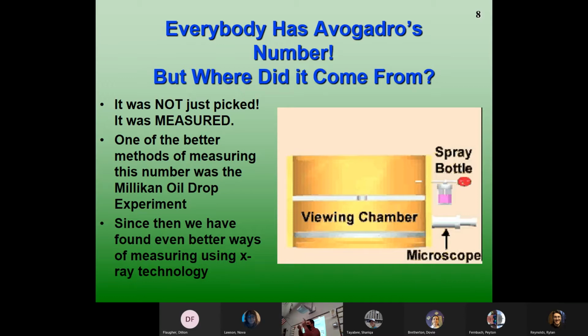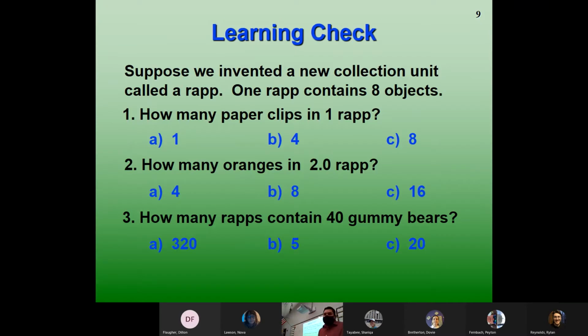So the one slice times 500 would give me a general average of how many pepperonis there are. Do the same thing with this oil drop. You can count how many molecules are within a little part of a sample, and then expand that by how many samples you have. Okay. So, real quick learning check here.